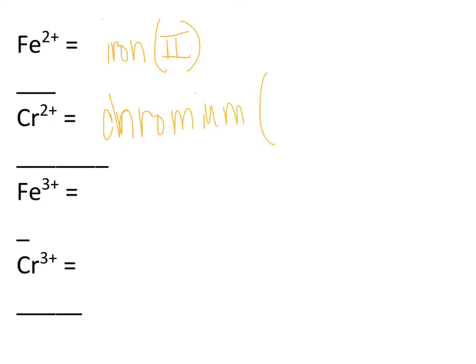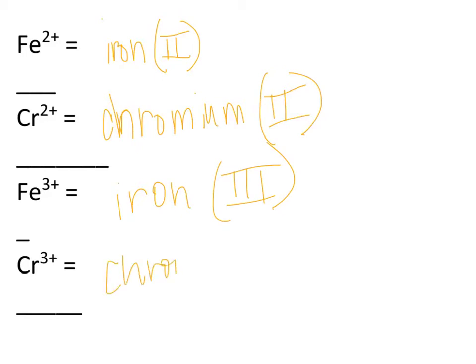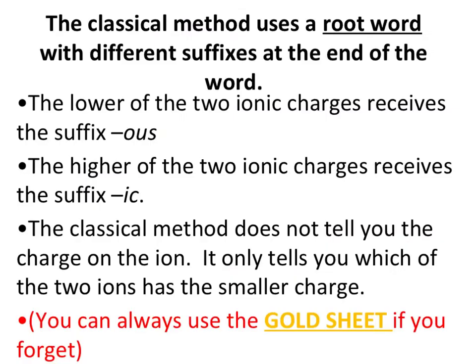Chromium 2 ion, iron 3, chromium 3. Okay, so that is very simple. You name the element and you put the number charge, and it will be given to you, or you will be able to figure it out later in different ways.